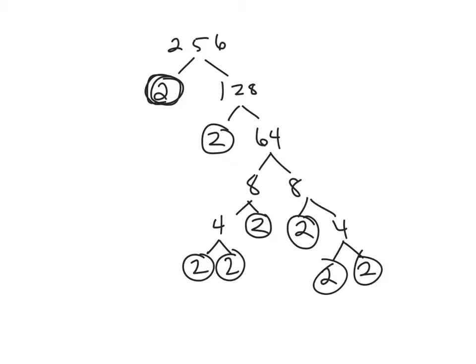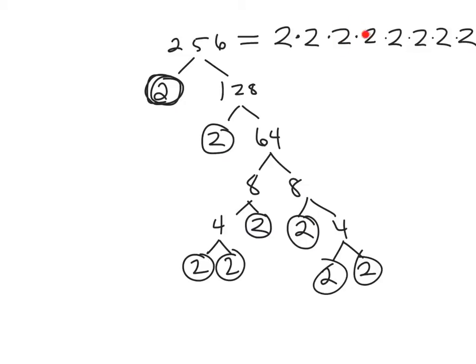So if you think about it, 256 is equal to 2 times 2 times 2 times 2 times 2 times 2 times 2 times 2. I should have 1, 2, 3, 4, 5, 6, 7, 8 2's being multiplied.